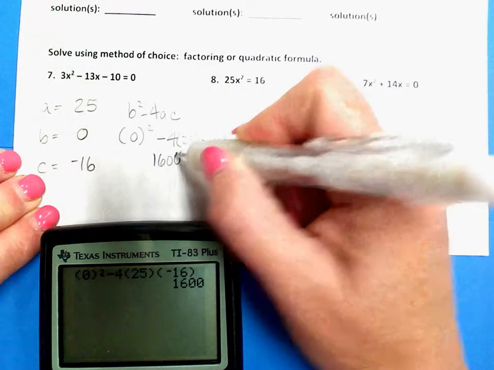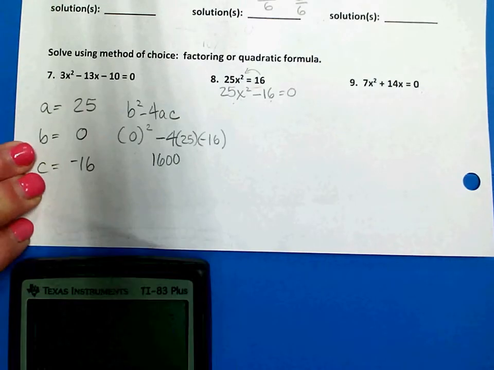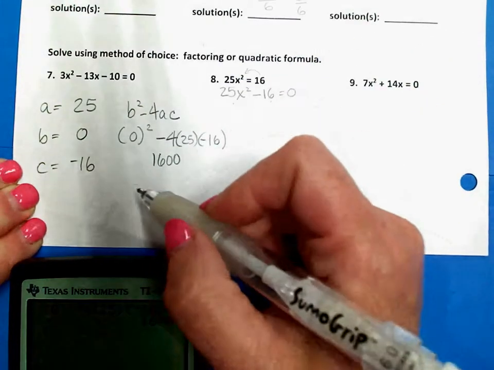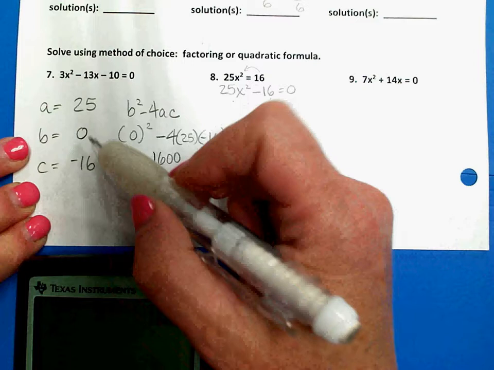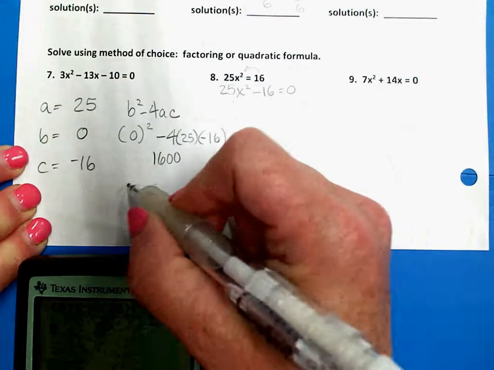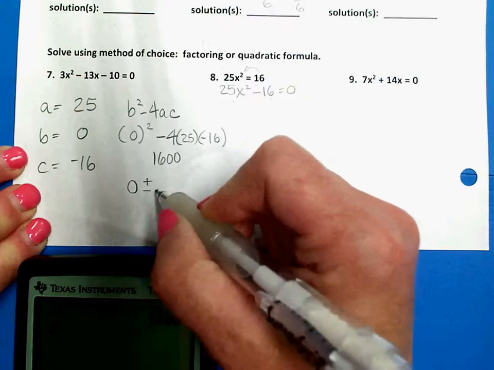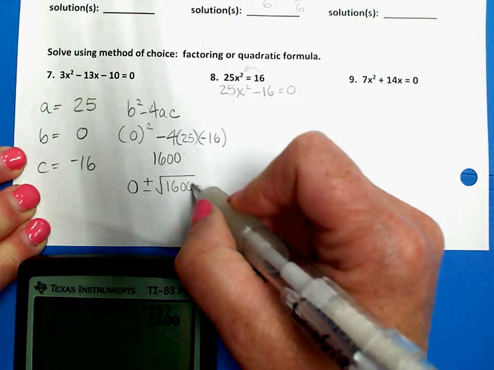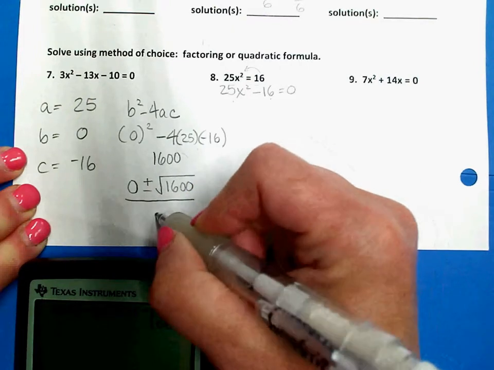It's positive, which tells me there will be two answers to this. So finishing up with the quadratic formula, I'm going to use negative b, which doesn't make sense in this case because 0 is just 0. So 0 plus or minus the square root of the discriminant, which is 1600, divided by 2 times a.